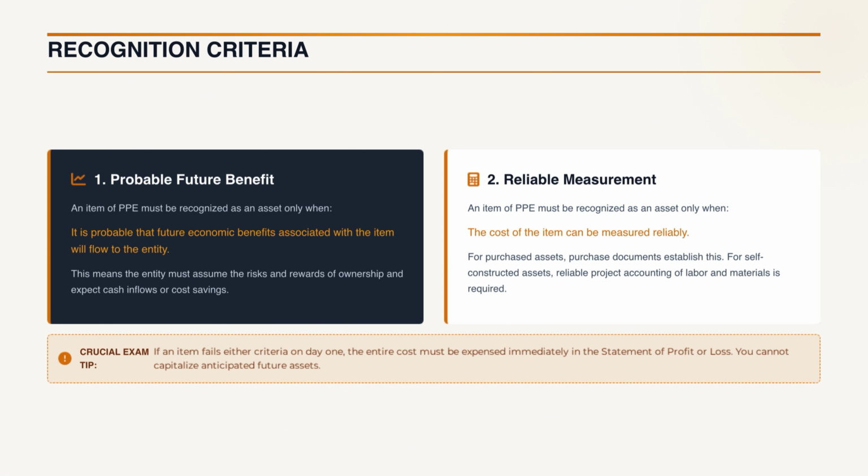Second, the cost of the item must be measured reliably. For external purchases, invoice agreements serve as proof. For self-constructed assets, you must have robust internal costing systems for labor and materials. Here is a crucial exam tip. If an item fails either of these criteria, you cannot capitalize it. The entire expenditure must be recognized immediately as an expense in the statement of profit or loss.